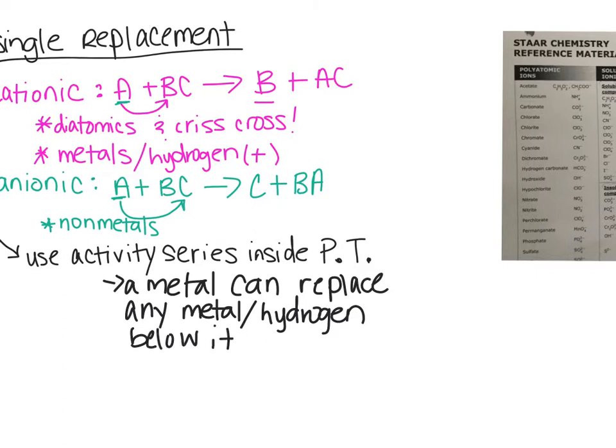Okay, I have to keep including hydrogen. It can bump out hydrogen. That's the most typical reaction that we see, is we're going to bump out the hydrogen in acid to make your hydrogen gas or bubbles, okay?